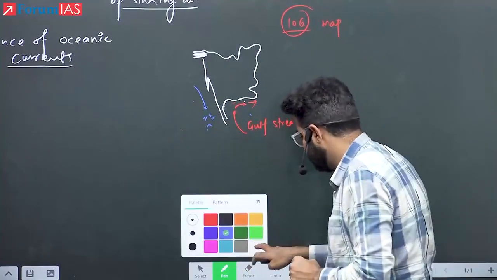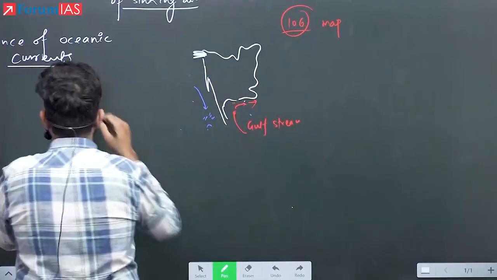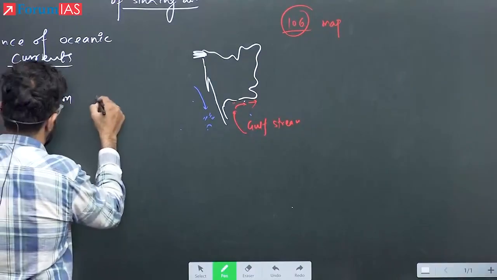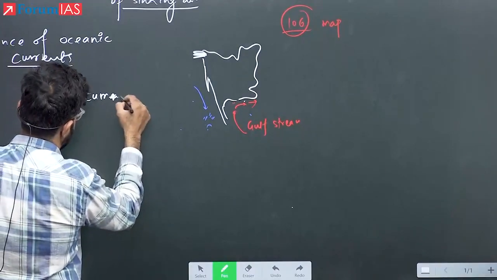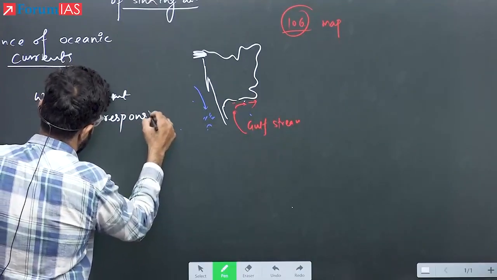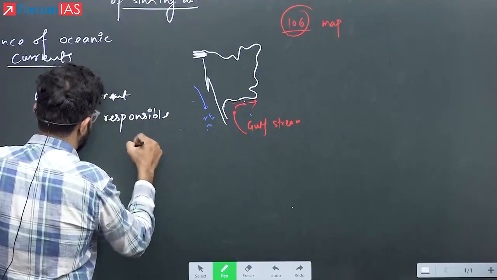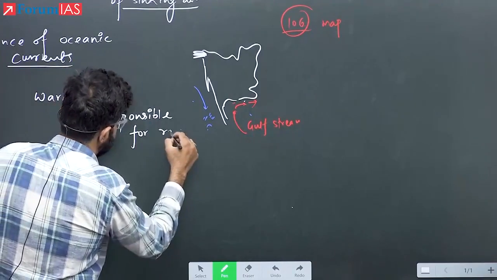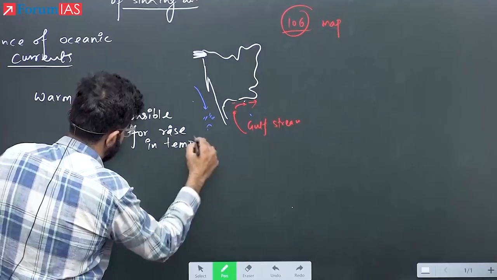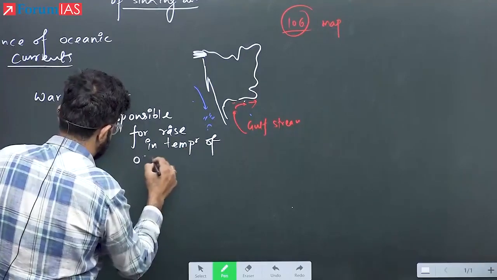So write down here: presence of warm current is responsible for rise in temperature of oceanic water.